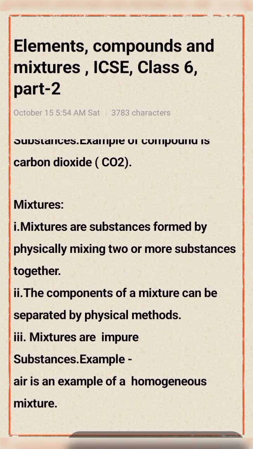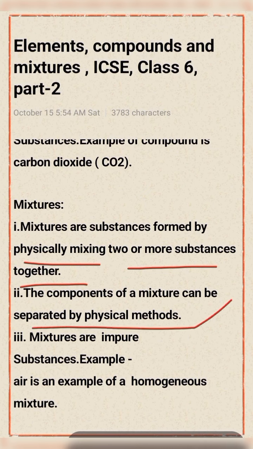Mixtures are substances formed by physically mixing two or more substances together. The components of a mixture can be separated by physical methods. Mixtures are impure substances. Here is an example of a homogeneous mixture.